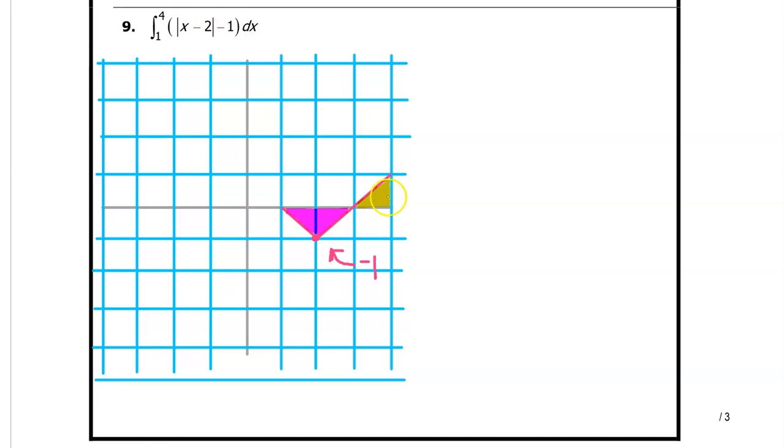Area above the x-axis is positive. So the second triangle has an area of positive 1/2. If we put those together, the integral from 1 to 4 of this absolute value function is going to be -1 plus 1/2, or -0.5. So that's the answer for number 9.